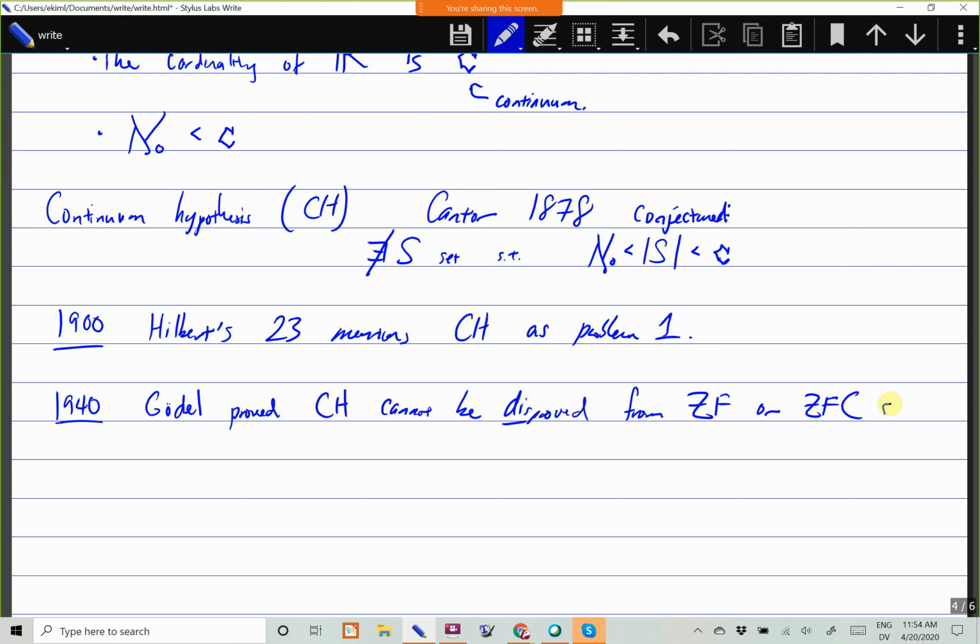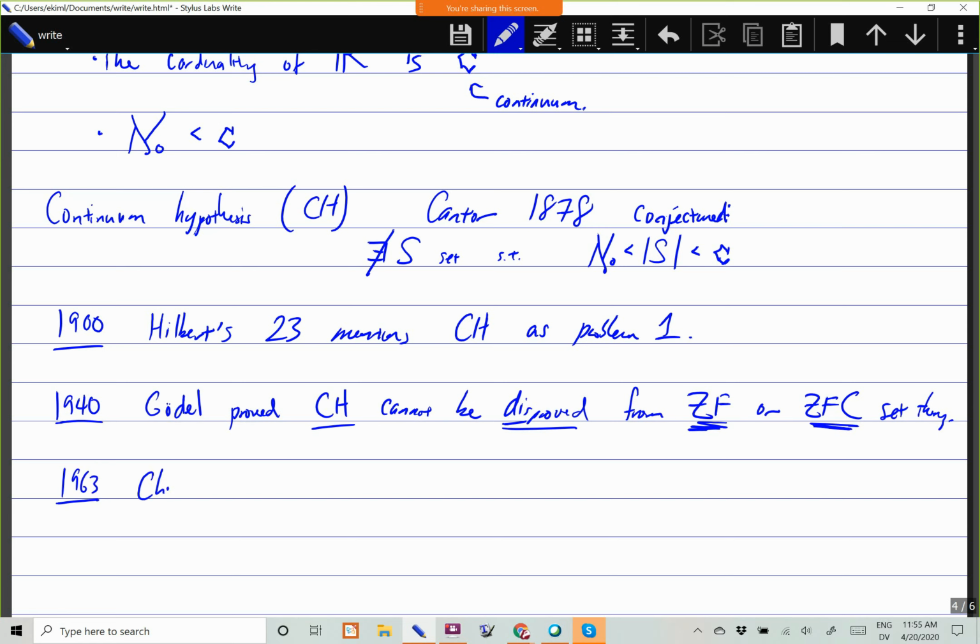I can't get into much about ZF or ZFC right now, other than to say we've been playing with sets in a very informal form, and there's something kind of wrong about the way we're doing it, but we're doing what we can. The way we generally operate with sets is called Zermelo-Fraenkel set theory, or Zermelo-Fraenkel axiom of choice set theory, and you cannot disprove it. So you can't show that the continuum hypothesis is false, as of 1940 is something we knew.